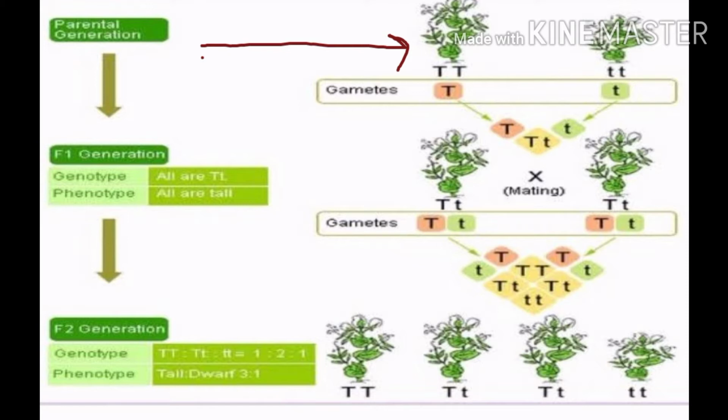It means he took only one trait, that is the height of the plant, for the experiment. Here you can notice that for the tall plant, the alleles of the gene are represented by capital T, and the alleles of the short plant are represented by double small t.